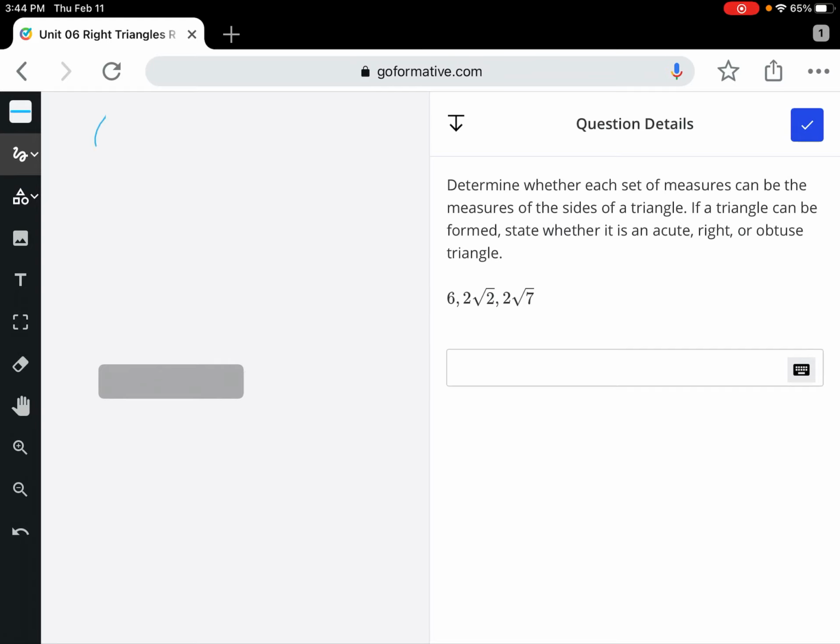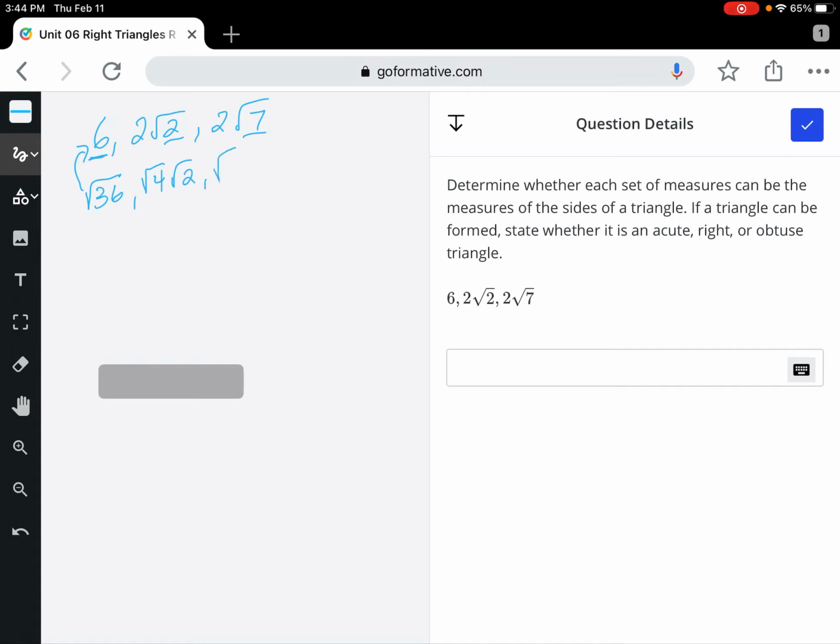Next one. So first thing, determine if it is a triangle. I know you have calculators and you can use decimals for this, but I am going to go through and show you how to do this algebraically, because everyone can use some algebra work. Okay, so I have things in radicals here, so I'm going to put everything in a radical. So what I do is I take my plain number, my integer, and I square it and put it underneath the radical, because radical 36 is actually the same thing as 6.